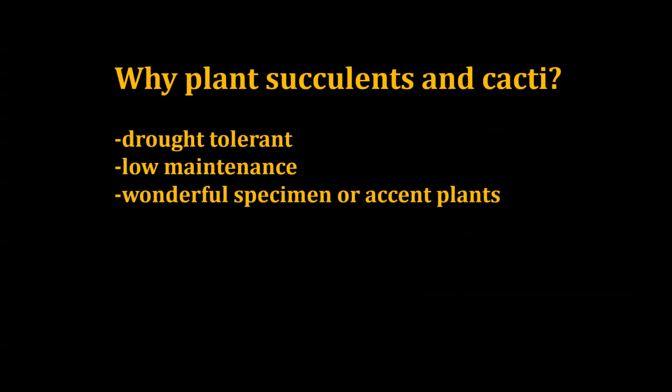Okay, so why should we consider using succulents and cacti in our desert landscapes? First off, they're generally very drought tolerant. There are some tropical species of cacti, and a lot of them are epiphytes.